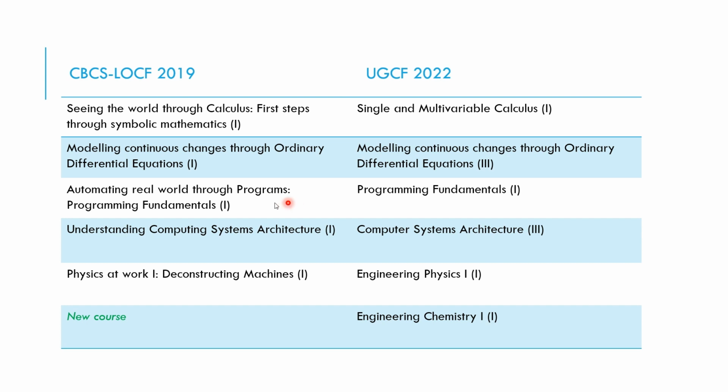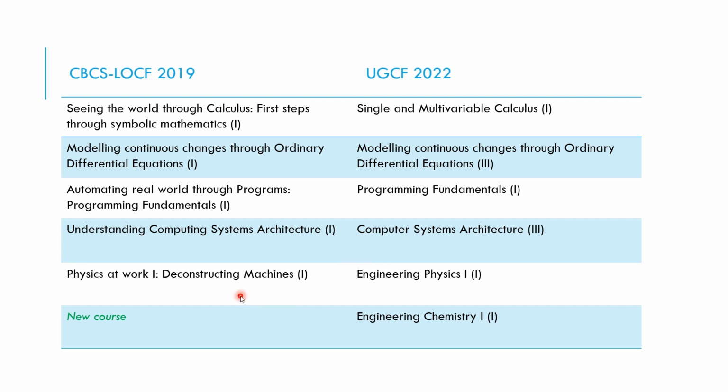Earlier we had Automating Real World Programs for Programming Fundamentals in semester 1, rebranded as Programming Fundamentals in semester 1 once again. We had Understanding Computing Systems Architecture in semester 1, rebranded to Computer Systems Architecture in semester 3.